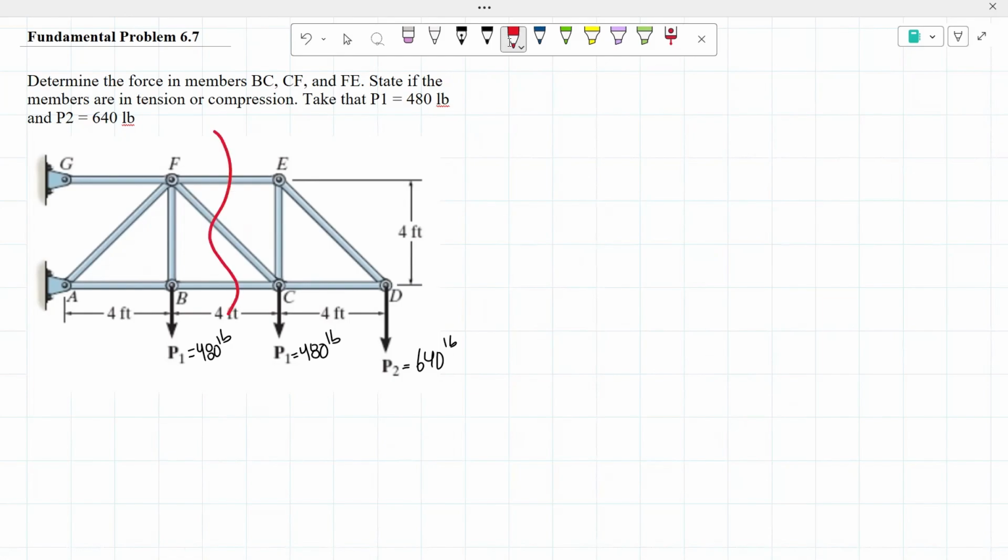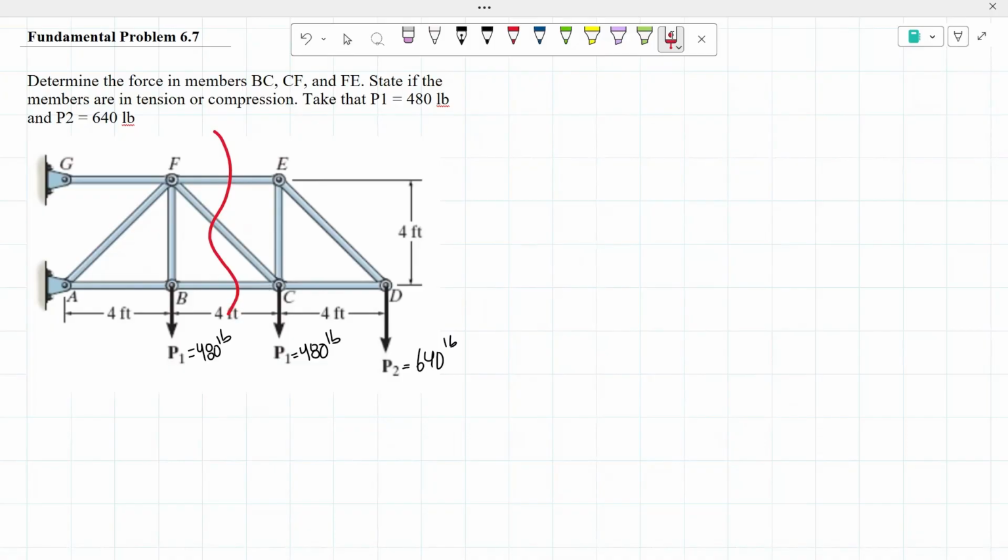That's going to be my cut because when cutting like this, we are going through the bar FE, the bar FC or CF, which is right here, and BC, which was the last bar that was asked to determine their force.